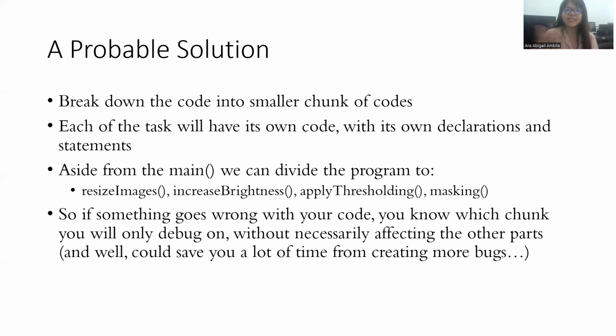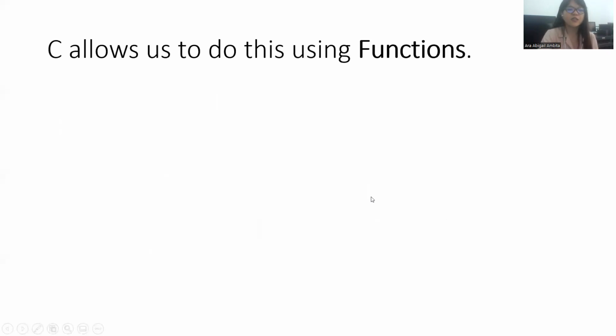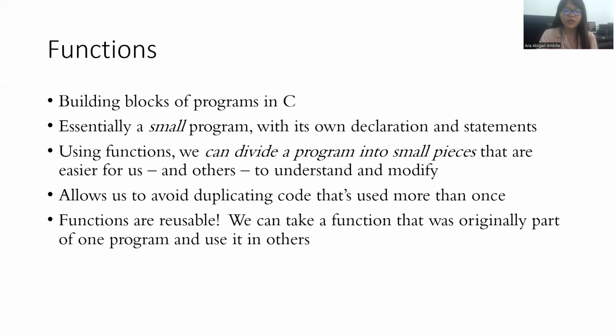Aside from main, you can divide the program into several more tasks or methods. If something goes wrong with your code, you know which chunk to debug without necessarily affecting the others. That could also save you a lot of time from creating more bugs. We can do this using functions in C.